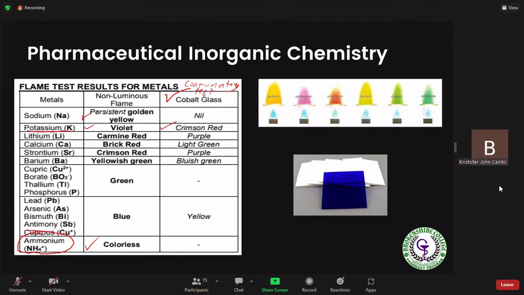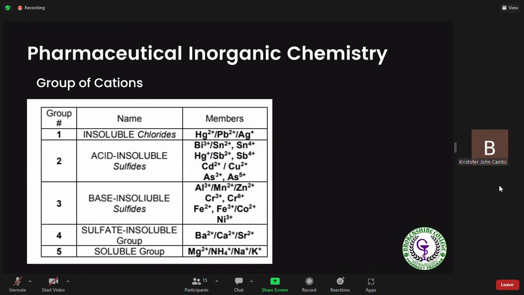Okay, next will be the different cations. Remember, cations are called cations because they have a charge. And what is the charge of these elements? Positive charge. These cations are grouped according to their solubility in different solvents.